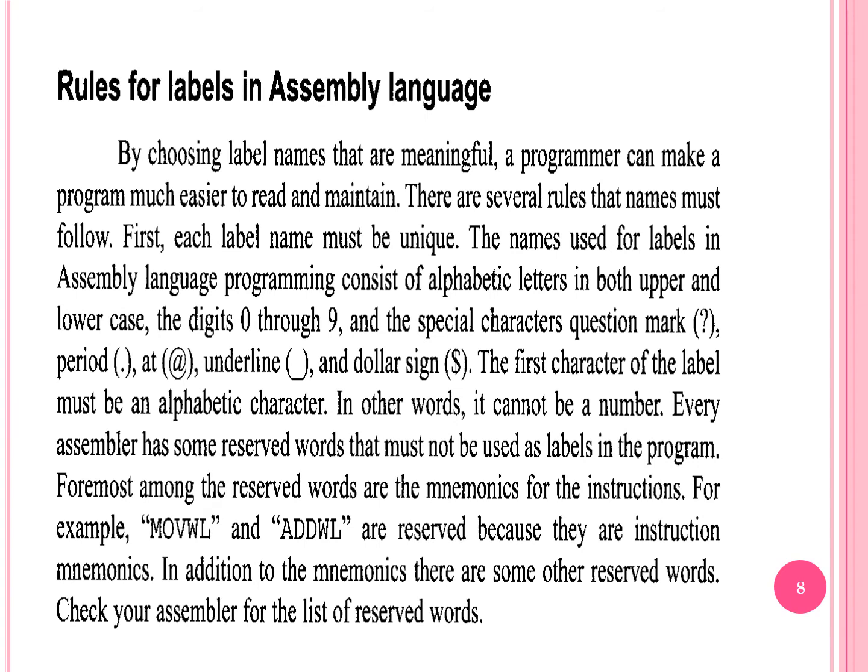Now we will go through some of the rules which you should remember while writing an assembly language program. By choosing label names that are meaningful, the programmer can make a program much easier to read and maintain. You have to be particular about this.